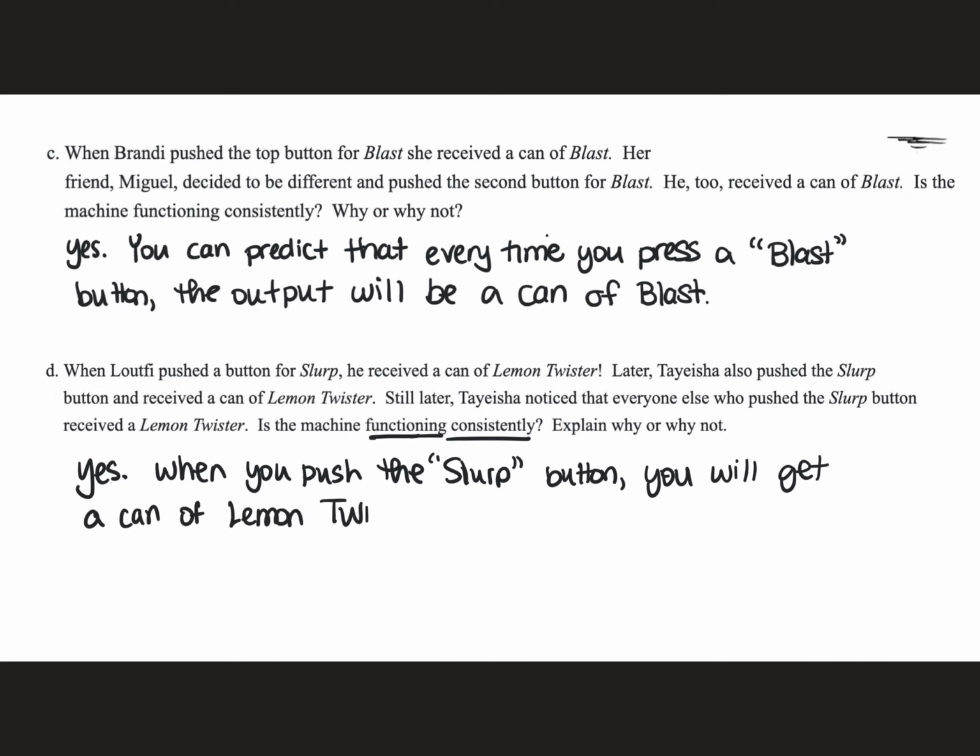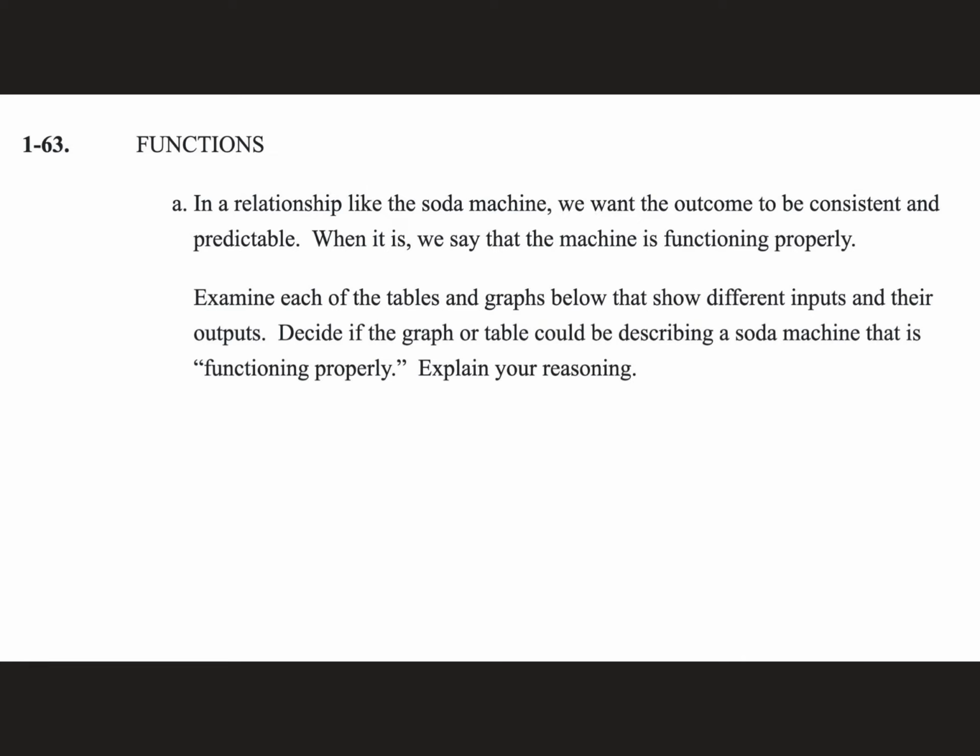Now, that could just mean that when they loaded the machine, they just put the Lemon Twister in the wrong part of the machine. Okay, let's try the next question here.